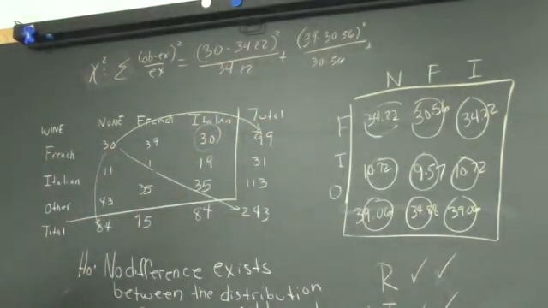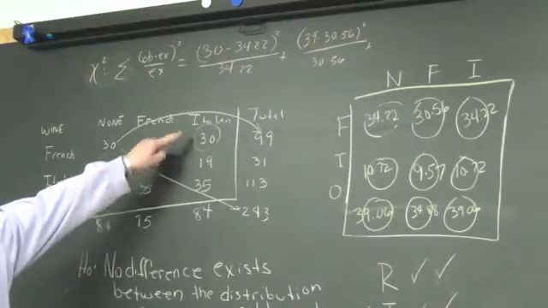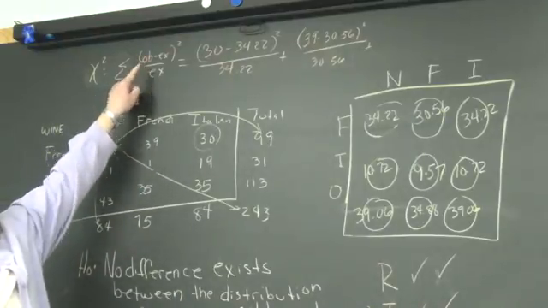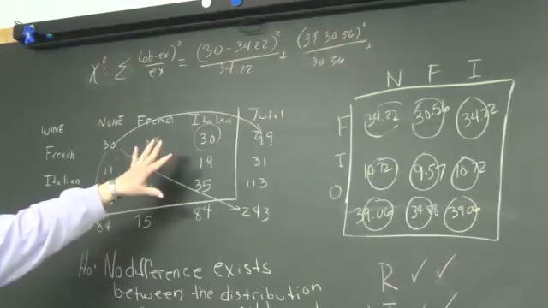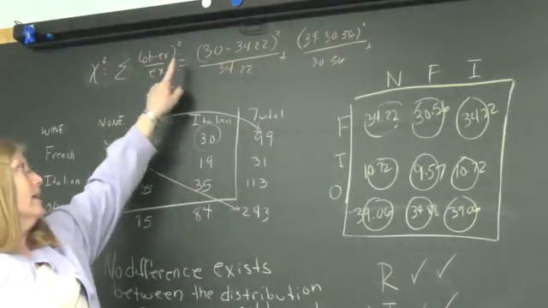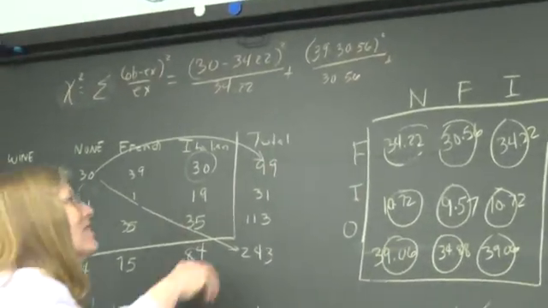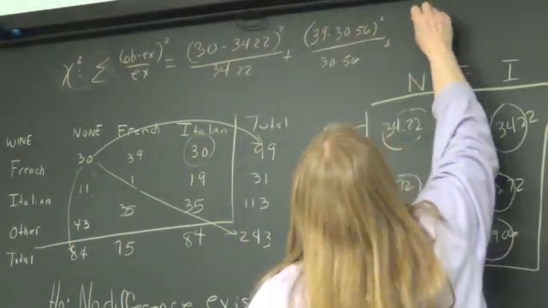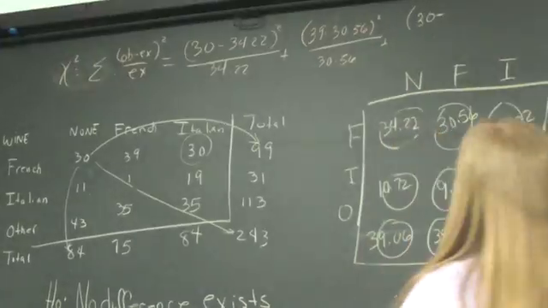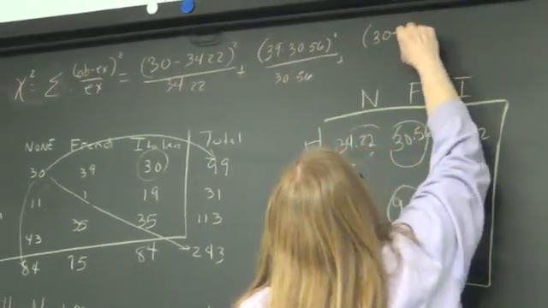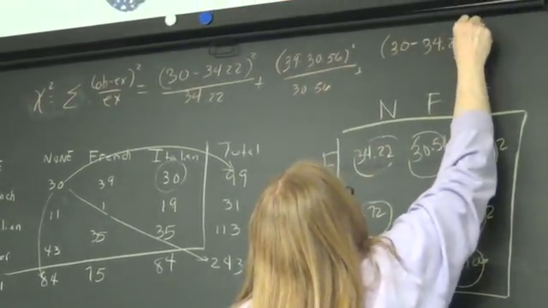All right, Elena, this one? No, we're doing an observed value. That's from this chart. That's what we observed was bought minus expected value, which is from this chart. Okay. All right, so it's 30 minus 34.22 squared over 34.22.